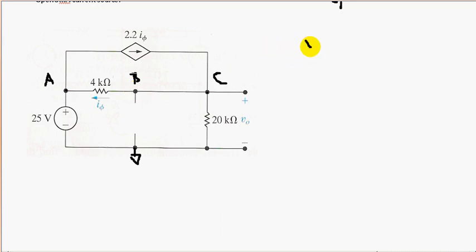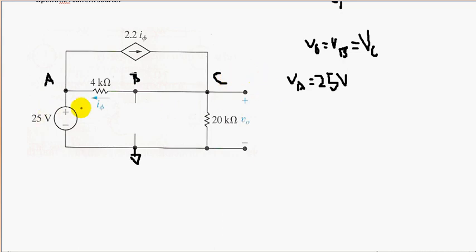So we say that VO is equal to VB is equal to VC. And we can see that VA is a 25 volt rise with respect to ground. So VA is equal to 25 volts.